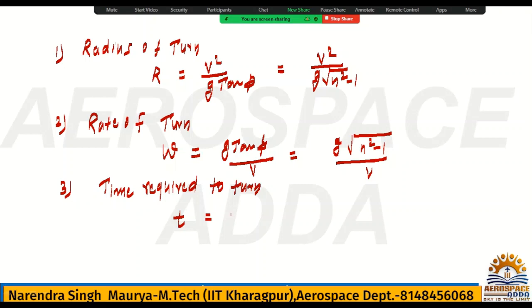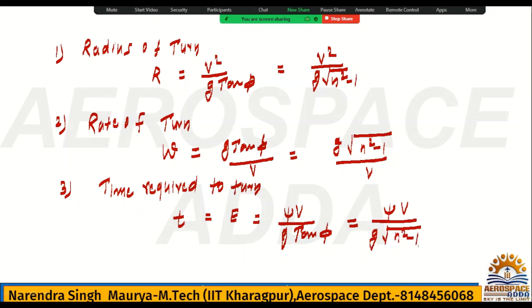It is basically the endurance, and this is nothing but psi V by G tan phi. Psi is the turning angle, phi is the banking angle. All the notation I have already given, so if you check previous lectures, you can understand. This is the third formula.